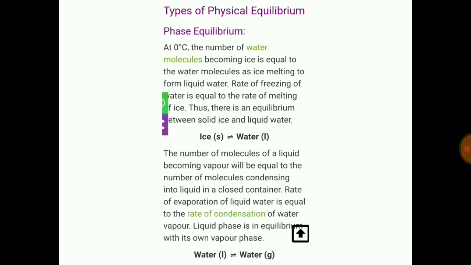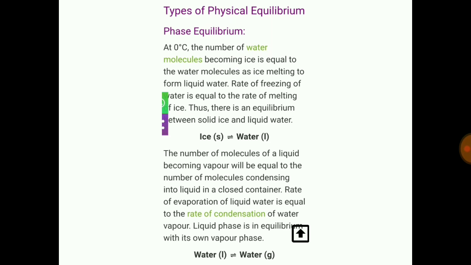Types of physical equilibrium. Phase equilibrium. What is phase equilibrium? At a temperature of 0 degree centigrade, the number of water molecules becoming ice is equal to the number of water molecules from ice melting to form liquid water.